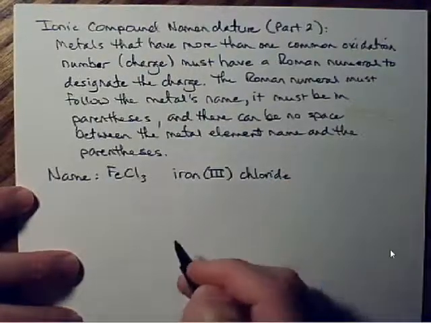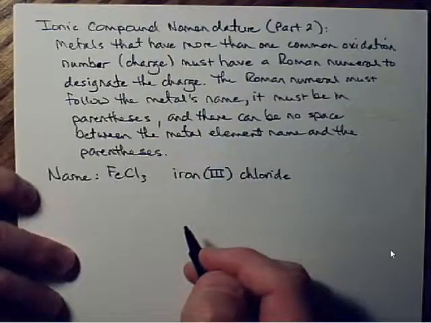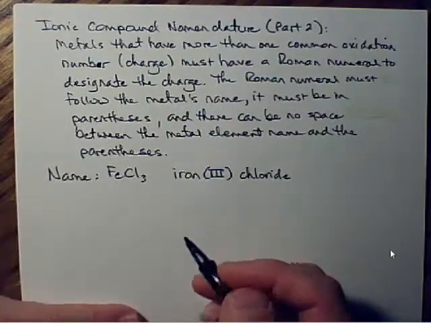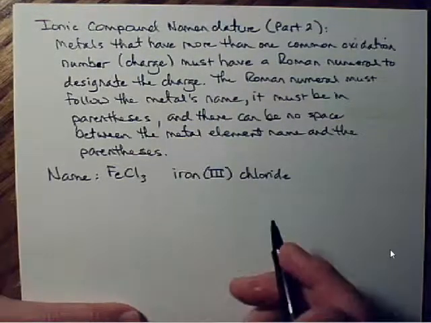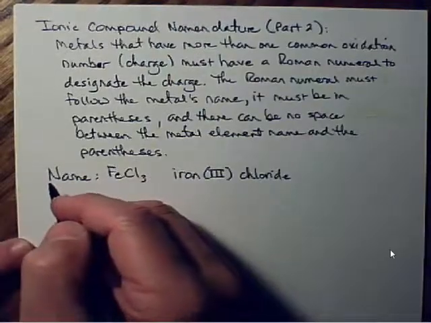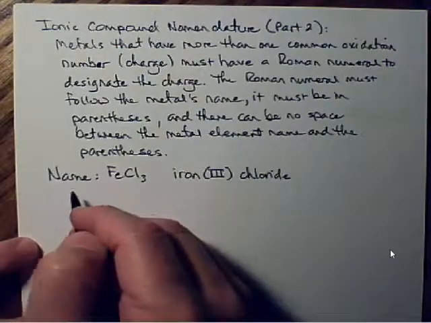And we call it chloride because it's a negative ion, monoatomic, negatively charged ions, monoatomic anions always have an IDE ending in their name. Okay? Does that make sense? All right. Let's review Roman numerals just in case anybody doesn't know what they are.